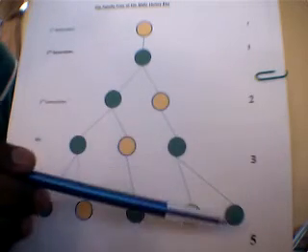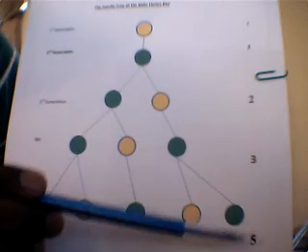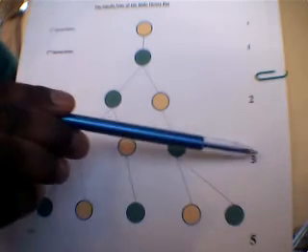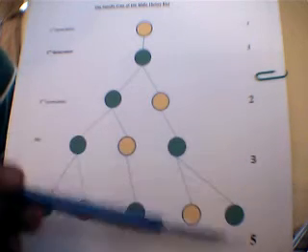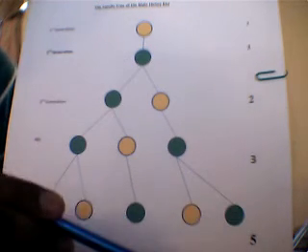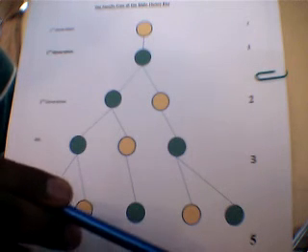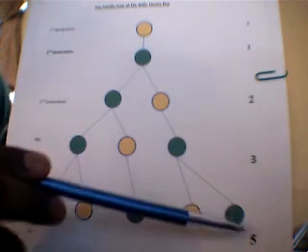Now, let's look at the proportion in the Fibonacci sequence. If you take 5 here and divide by the number preceding it, 3, you get about 1.6. If you continue further along in the sequence, if you take 8 and divide it by 5, you get the same thing, 1.6.